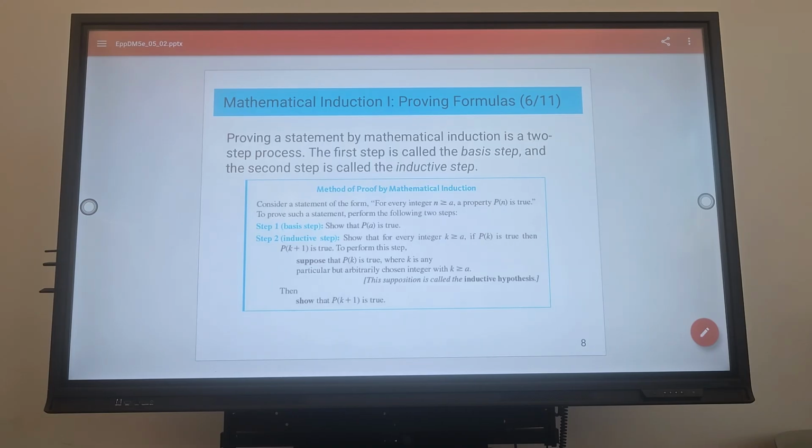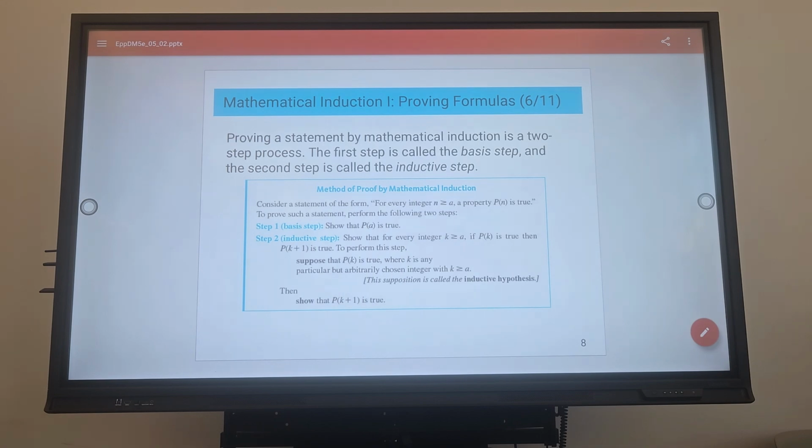Proving a statement by mathematical induction is a two-step process. The first step is called the basis step. The second step is called the inductive step. Consider a statement of the form "for every integer n greater than or equal to a, property P(n) is true." To prove such a statement, perform the following two steps. First, the basis step: show that P(a) is true.